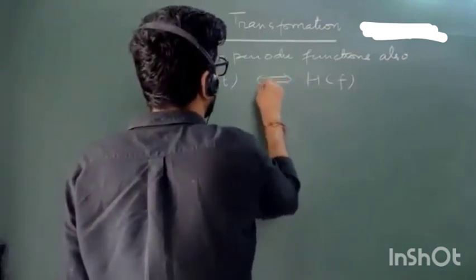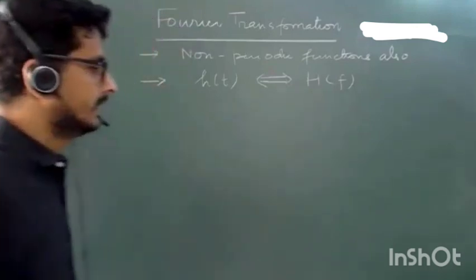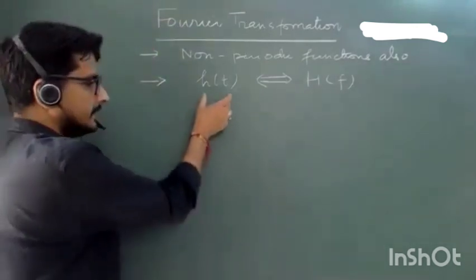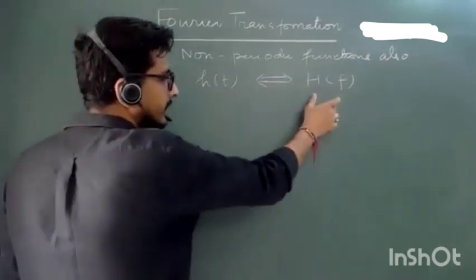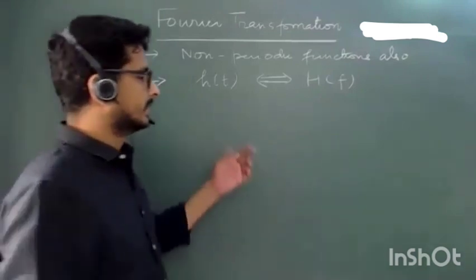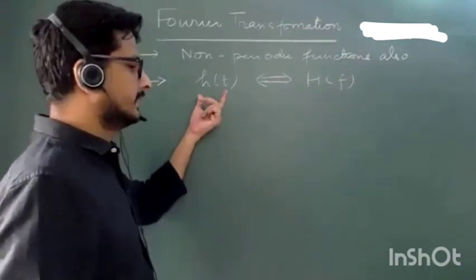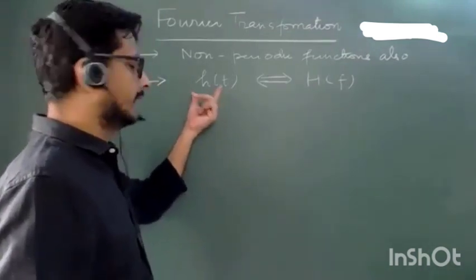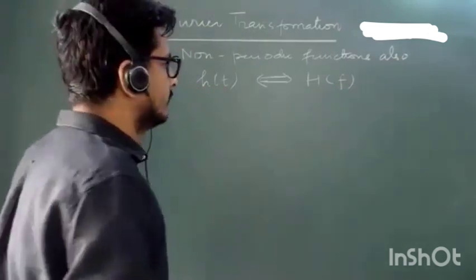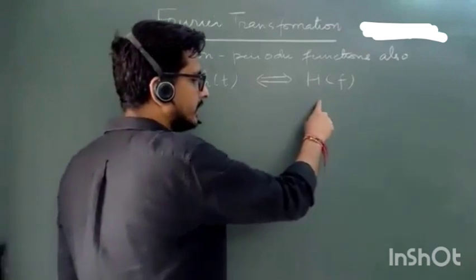Okay, and this is written like this. The notation will have a lot of meaning, you will understand. Small h and capital H means this is some other function, and this is some other function. So that's why small and capital. Suppose this is a sinusoidal function, that means a function made up of sine and cosine, and this is, suppose, a Dirac delta function.